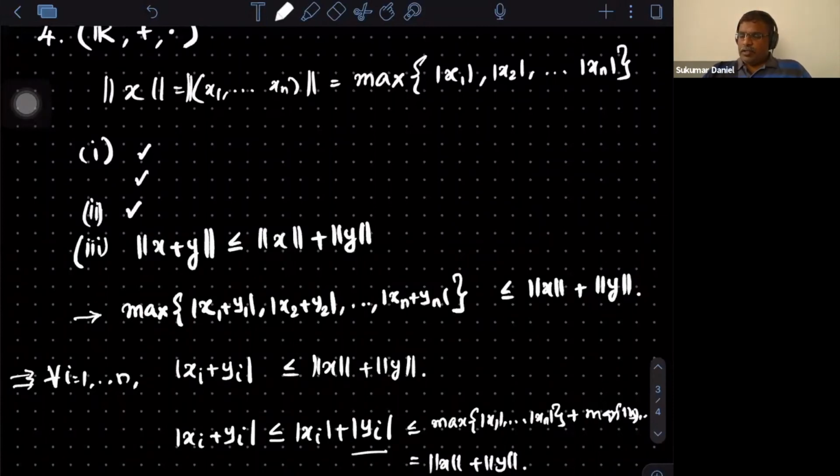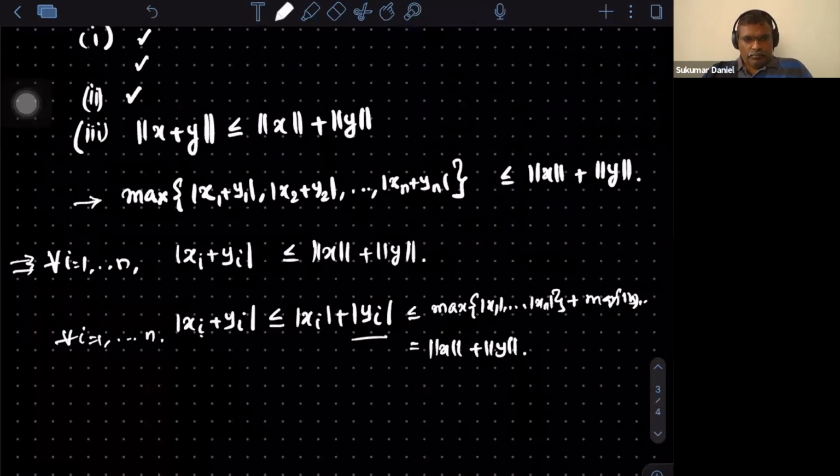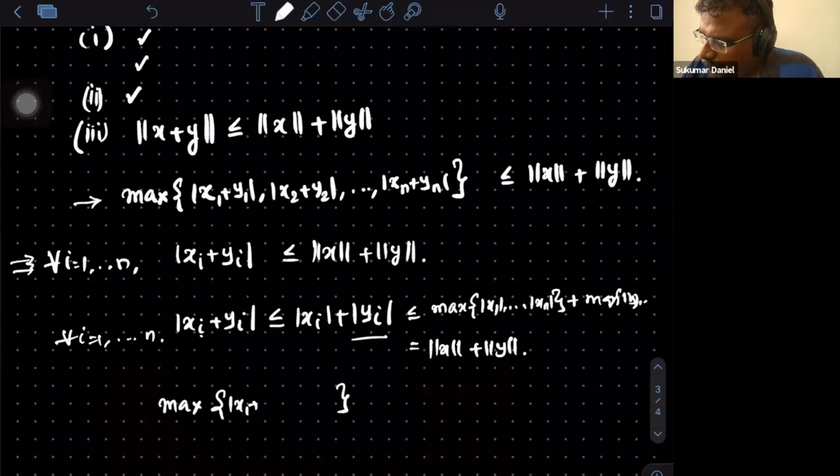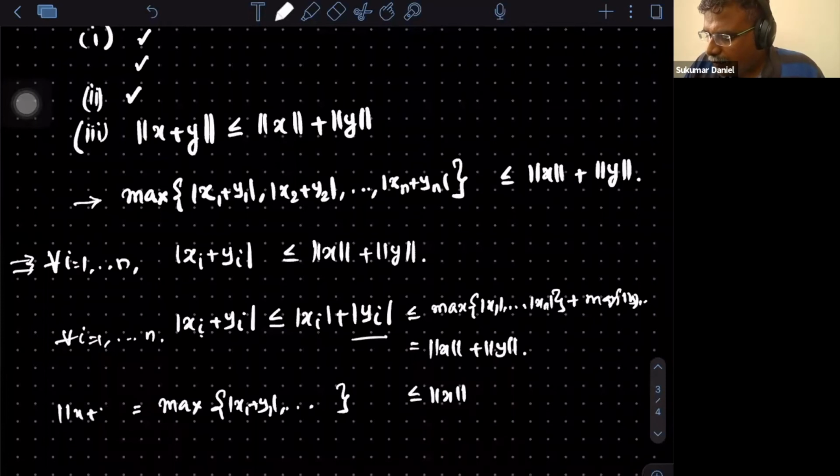Okay. And notice that we have not used the fact i anywhere. So it is true even if I call it x1, still it is less than the maximum of all the coordinates. And hence we have proved that this is true for all i. And hence we get the maximum of all this also, which is less than this, which is actually norm x plus norm y.